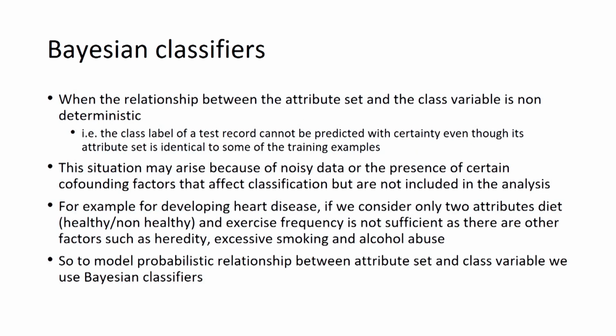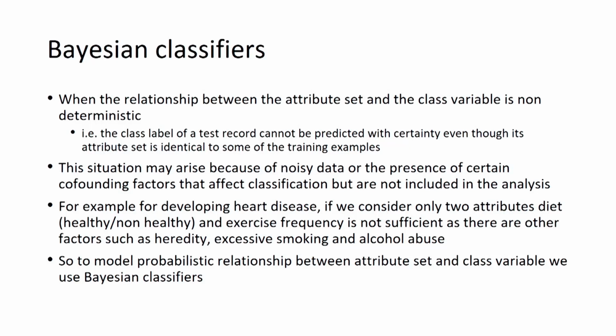So, when do we use the Bayesian classifier? Definitely when the relationship between the dependent and independent variables is non-deterministic, or we can say a statistical relationship is there, then we use Bayesian classifiers.